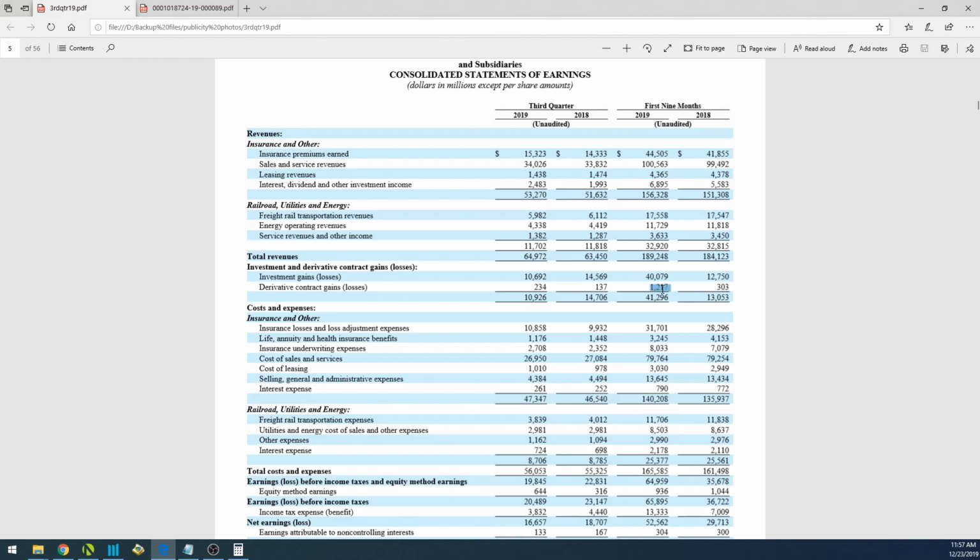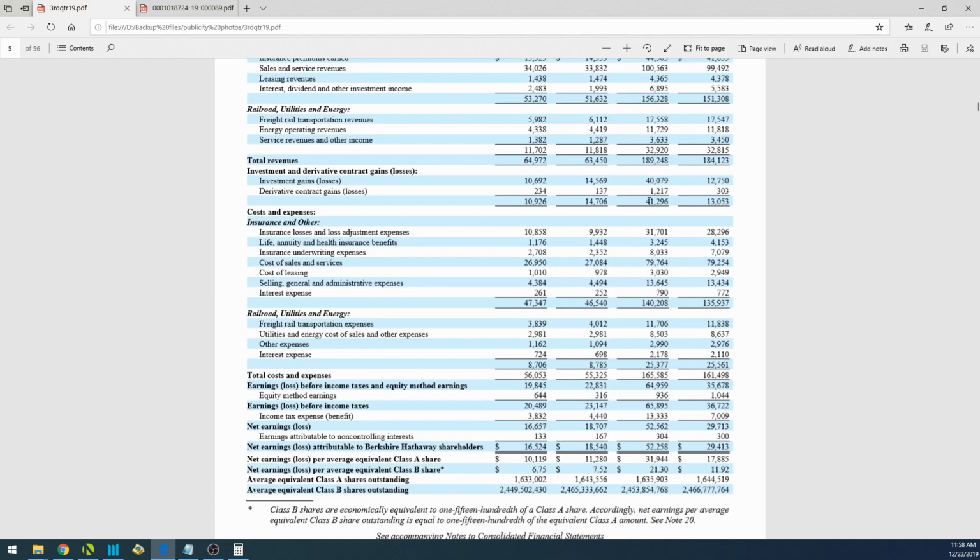So 1.2 billion from derivative contract gains in the first three quarters of 2019. So this made the total investment gain of 41 billion for 2019 compared to just 13 billion for 2018.